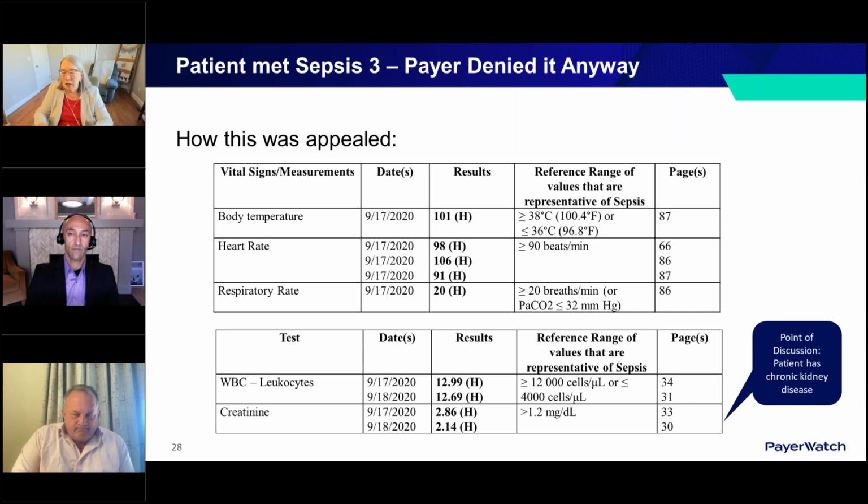I don't want to muddy up the argument as far as does this elevated creatinine represent organ dysfunction from the sepsis, or is this her typical creatinine numbers because she has chronic kidney disease? So thoughts about that, Dr. Hasabal or Dr. Smith?